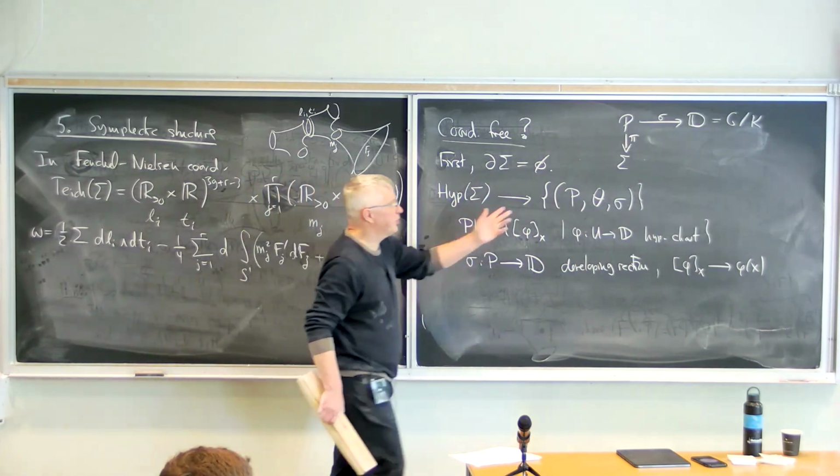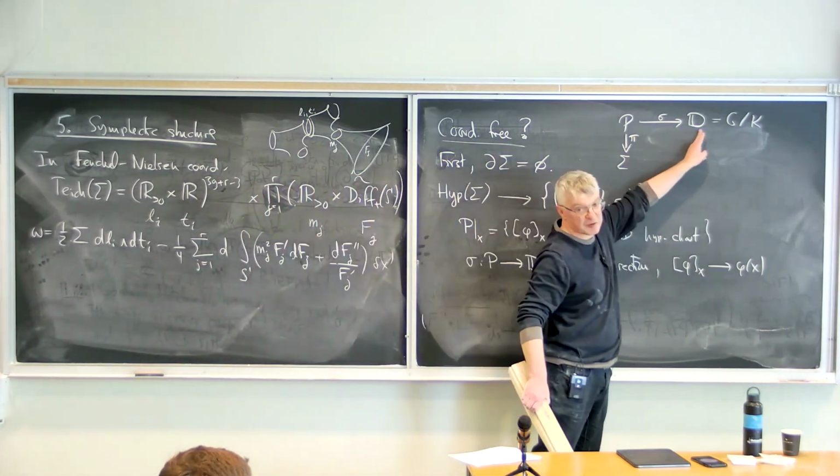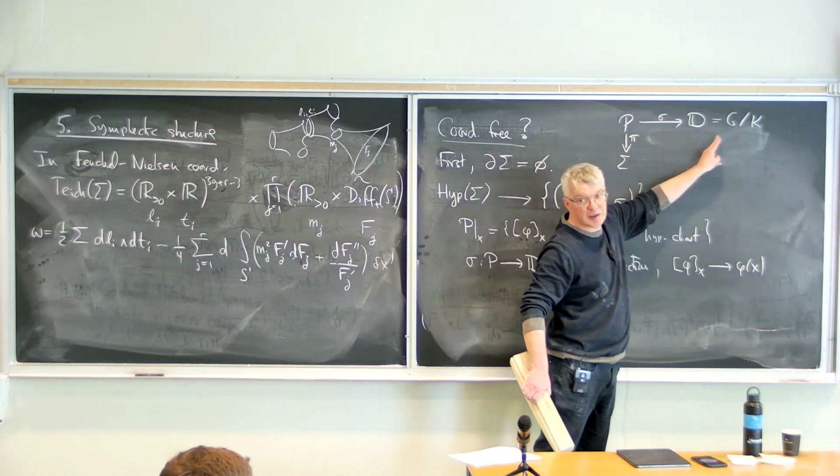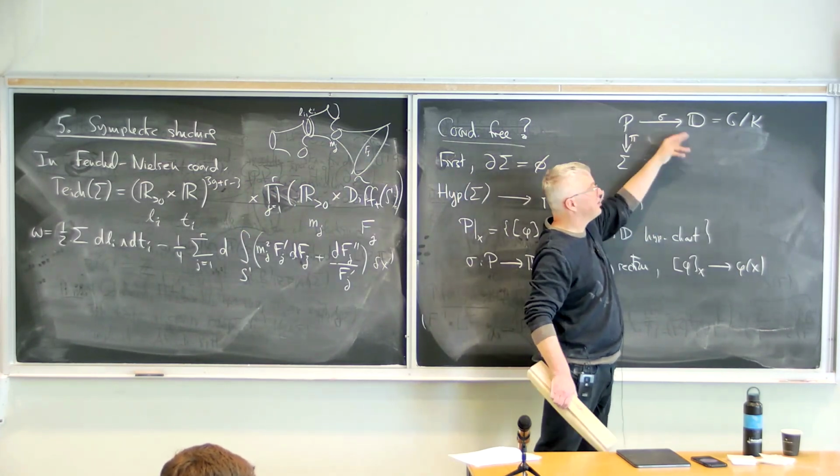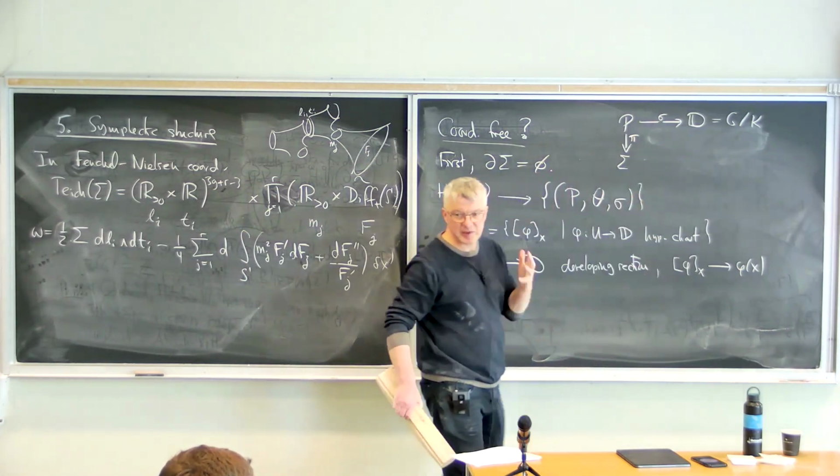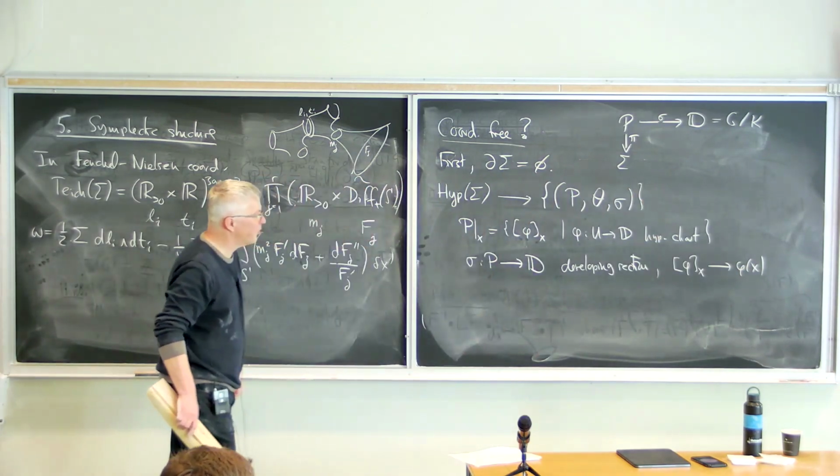Of course, this would depend on the choice of a base point if you write it as G mod K. But once you choose a base point, then this developing section gives you a reduction of the structure group. That's somehow what the role of this is.